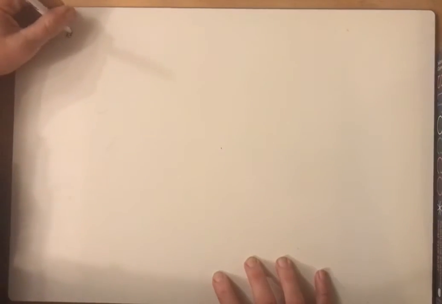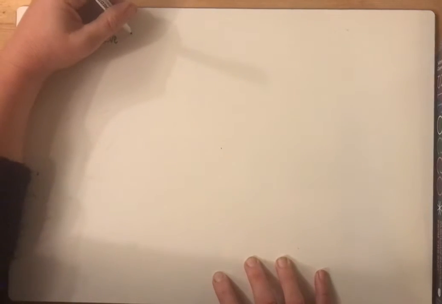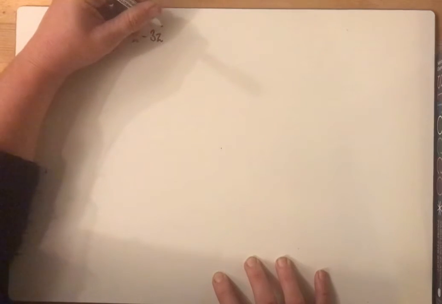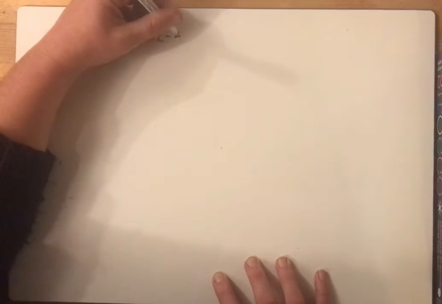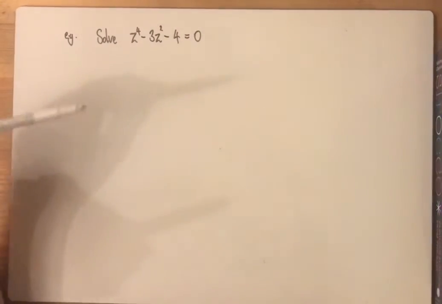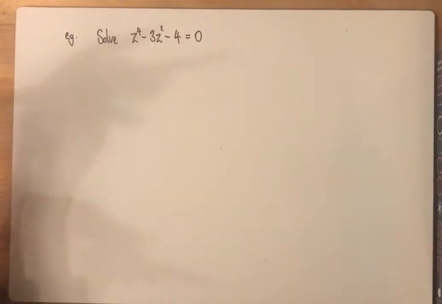And then one more example. For example, solve z to the power 4 minus 3z squared minus 4 is 0. Now this looks like the ones that we were doing in maths when we did the quadratics in disguise.